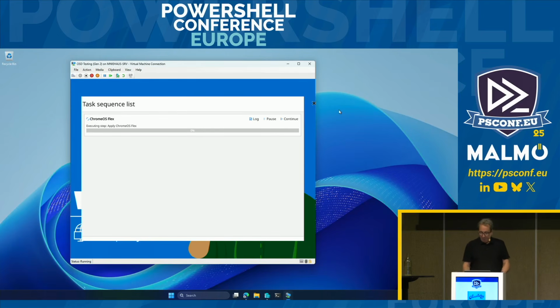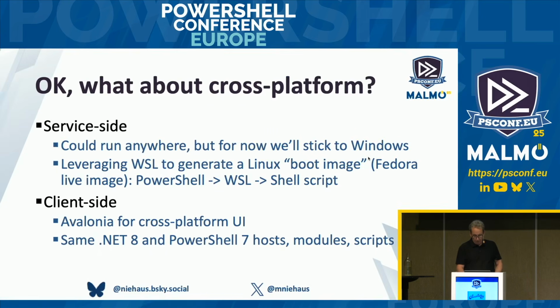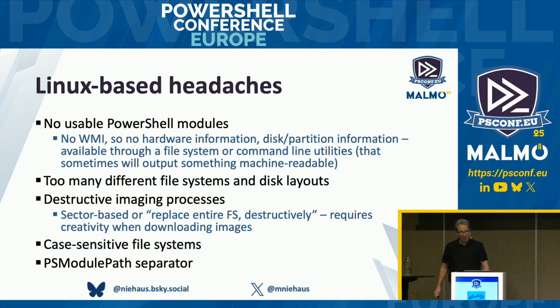So we've got that. The next step for us then is to figure out how to do real operating systems, or at least more comprehensive operating systems, because things like Red Hat and Ubuntu and all the other OSes have dozens of different ways that they can be configured.